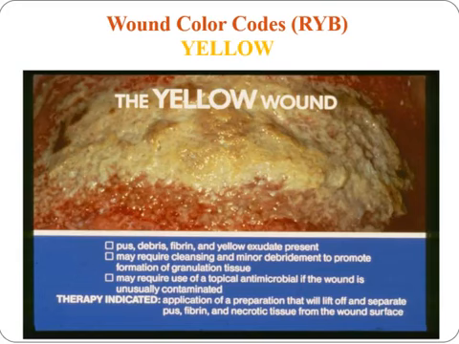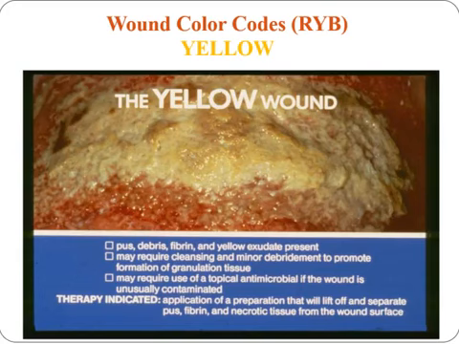Okay, this is a yellow wound. Yellow is yucky, right? So that means there's some sort of infection that's going on, or some sort of film. So pus, debris, fibrin, yellow exudate present. So this most likely is going to require this to be cleaned, some minor debridement, which is the removal of that yellow slough. We want to, because the skin's not going to heal very well with that on there.